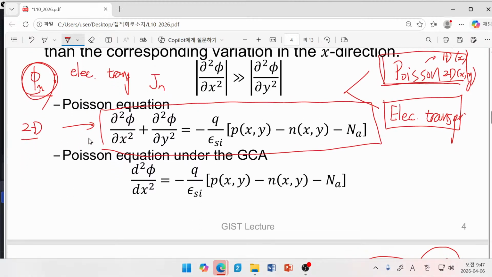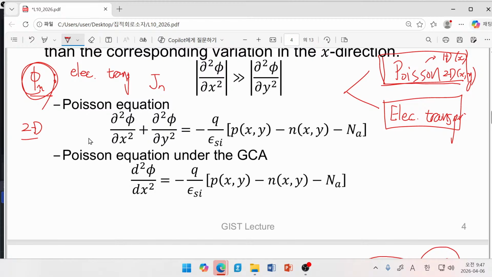Previously we had just a second derivative with respect to the x position. The vertical directional component was important, but now, due to the expansion of our simulation domain or calculation domain, we have to consider this y-directional second derivative. That should be considered in general for our Poisson equation.